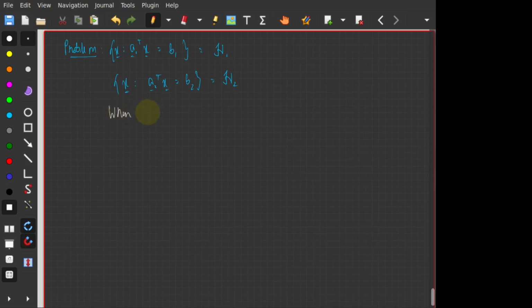In A1 and A2, when vector A1 equals vector A2. And why is that the case?